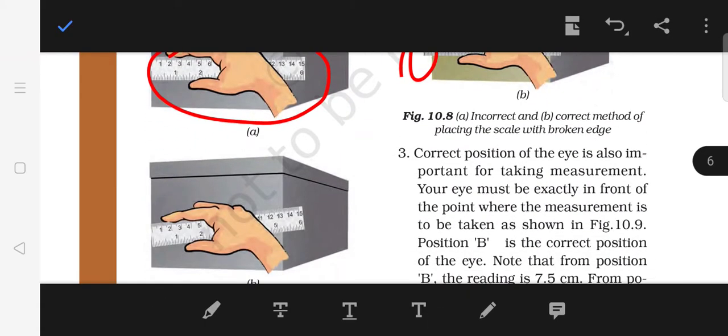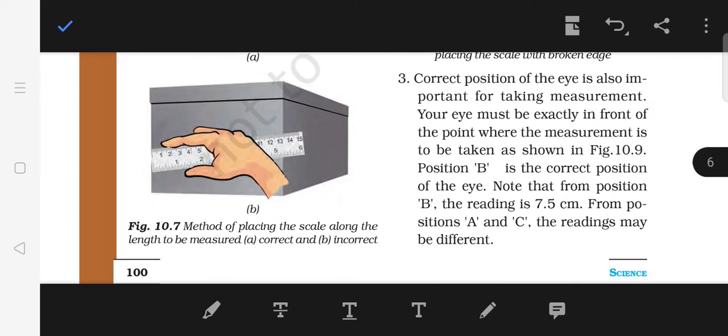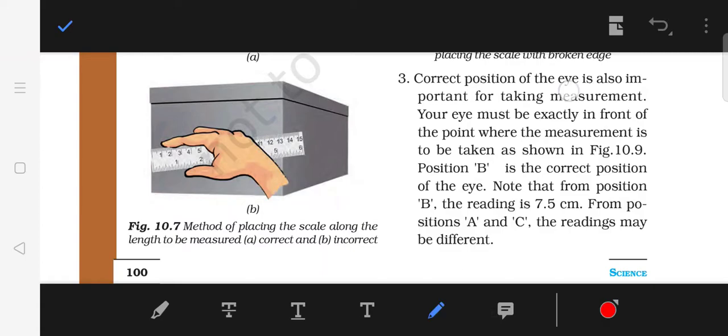So the correct position of the eye is also very important, children. If you are taking measurement, your eye must be exactly in front of the point where the measurement is to be taken. Now position B is the correct position of the eye.